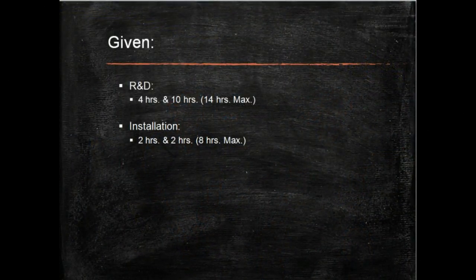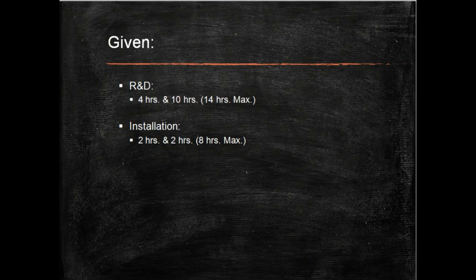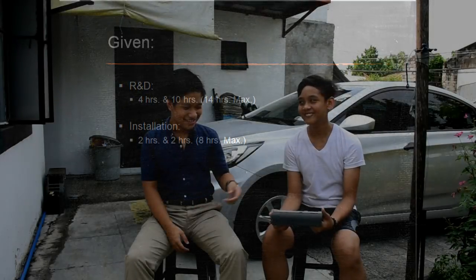Now for the given: the R&D is 4 hours and 10 hours, and 14 hours is the maximum. The installation is 2 hours and 2 hours, and 8 hours is the maximum. Okay, let me clear that.